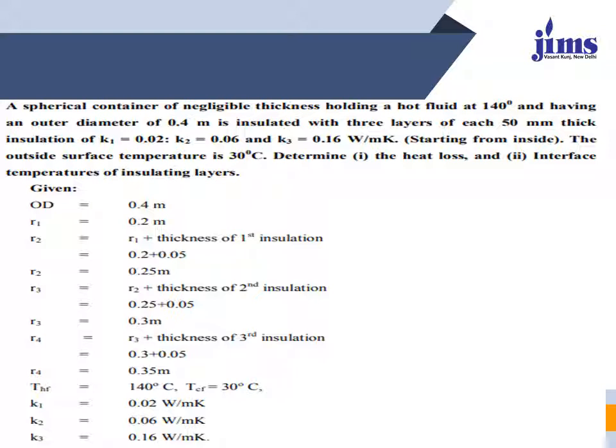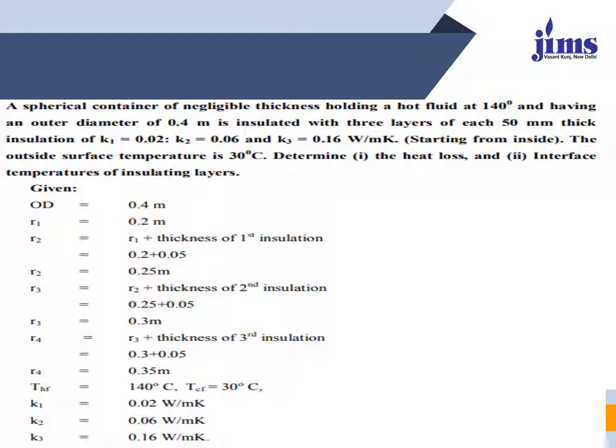Therefore, R2 is equal to 0.2 plus 0.05, and the final answer R2 is equal to 0.25 meter, and the outer layers of the sphere are R3 and R4. R3 is equal to R2 plus thickness of second insulation, and it is equal to 0.25 plus 0.05, and the value of R3 is equal to 0.3 meter, and the last value R4 is equal to R3 plus thickness of third insulation, and it is equal to 0.3 plus 0.05, and R4 is equal to 0.35 meter.